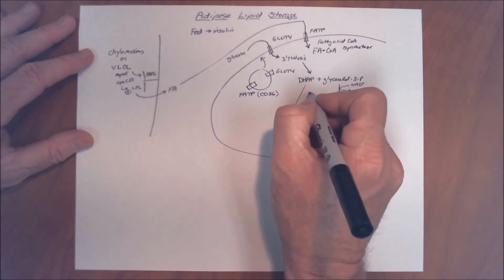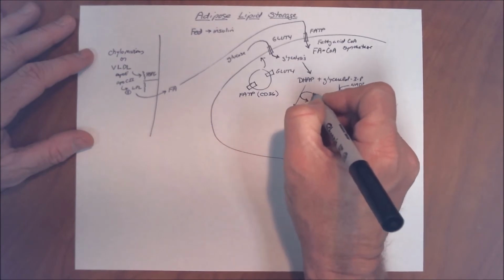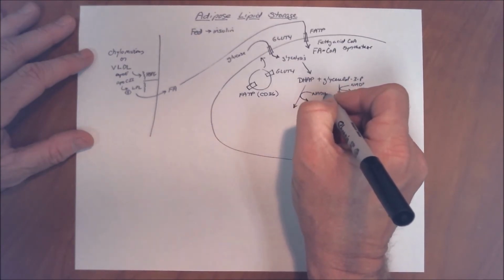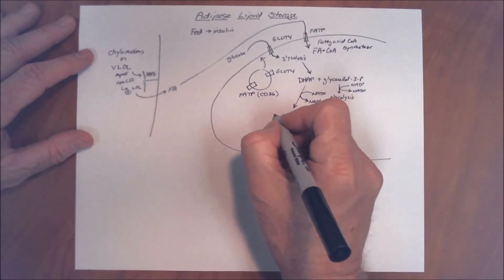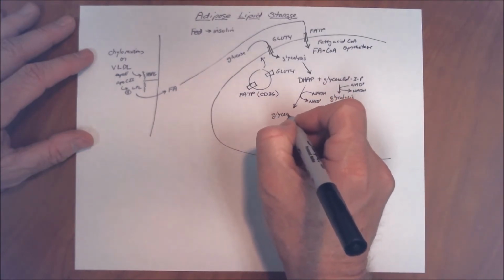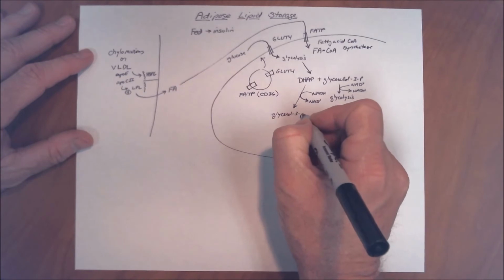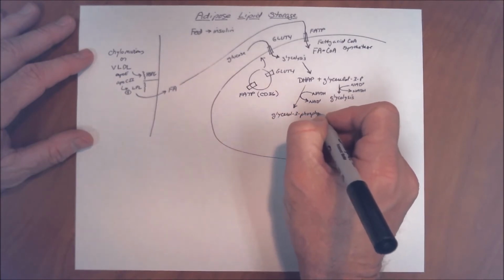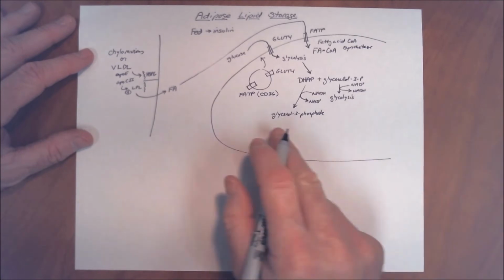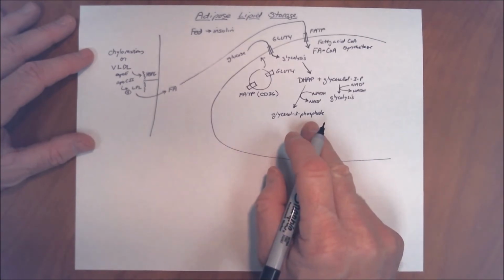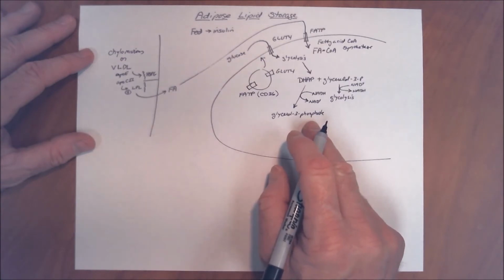This will be used with DHAP. Recall DHAP can be reduced to form glycerol 3-phosphate. Once we have glycerol 3-phosphate, now we have the precursors for triglyceride synthesis.